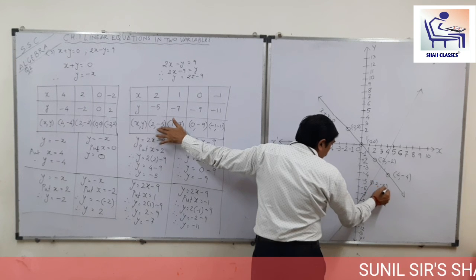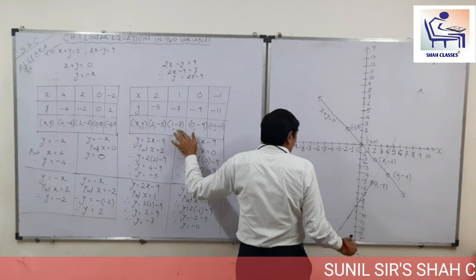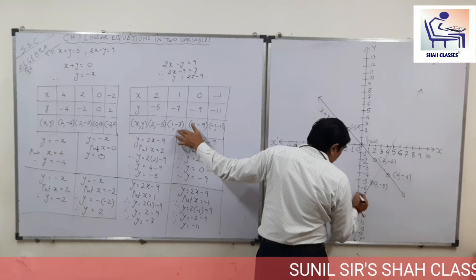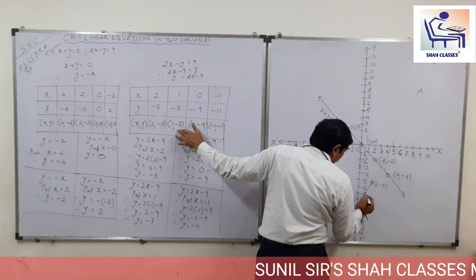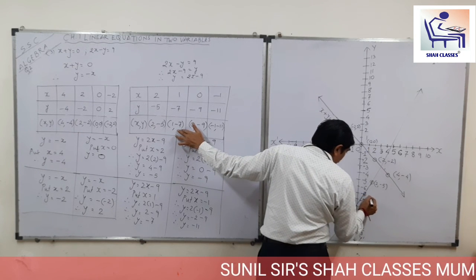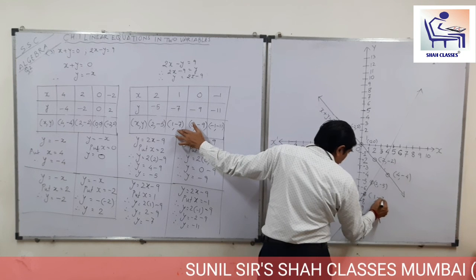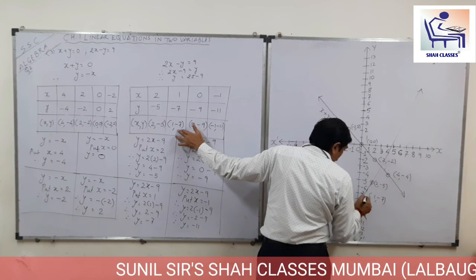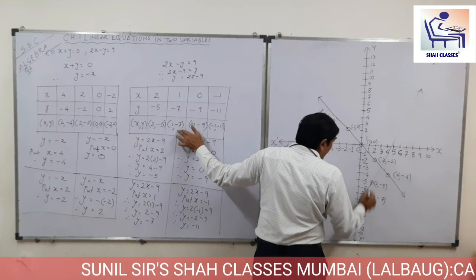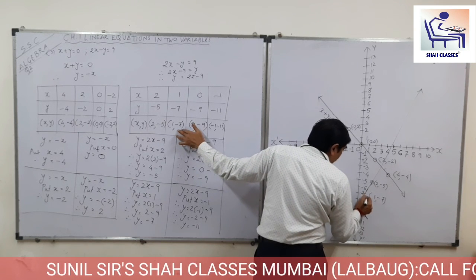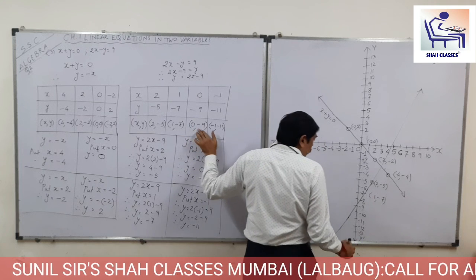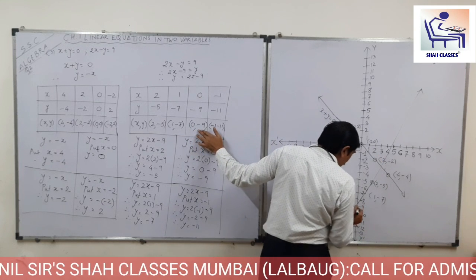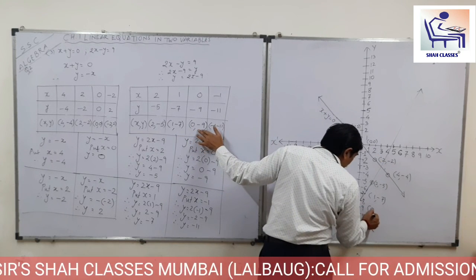Second point is 1 minus 7. Here we are getting the point 1 and minus 7, and 0 minus 9.